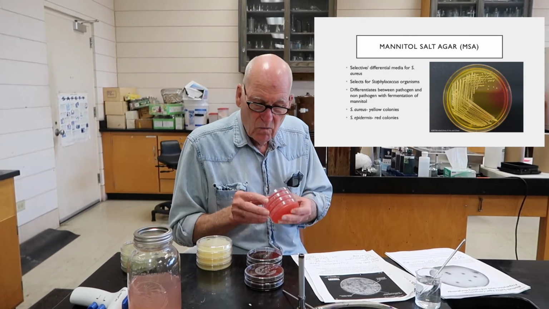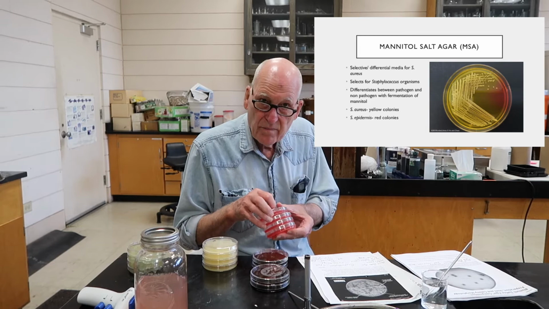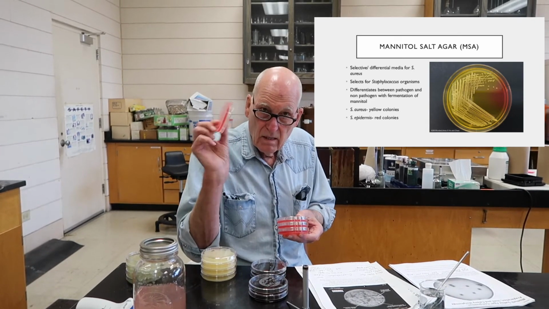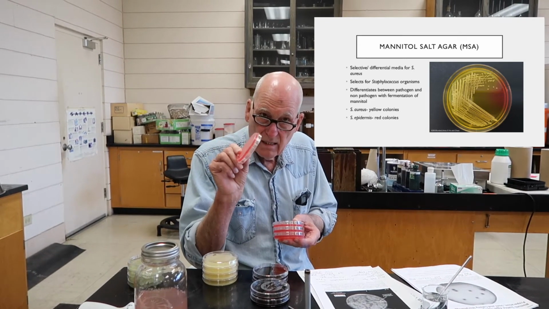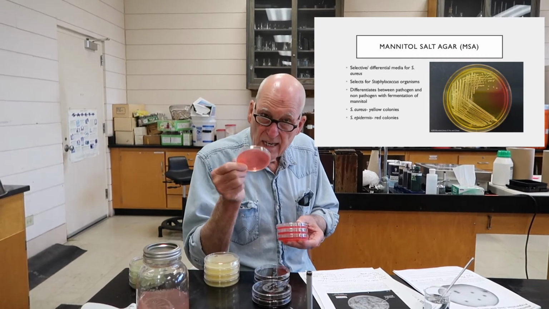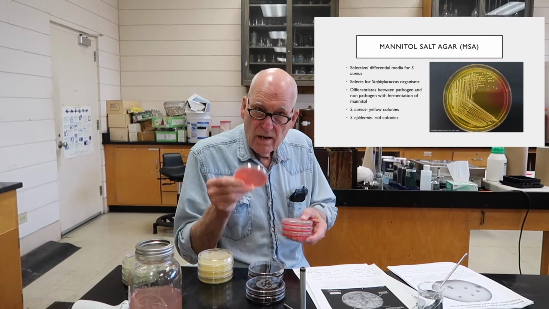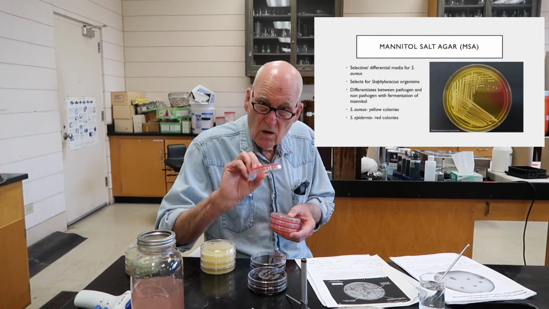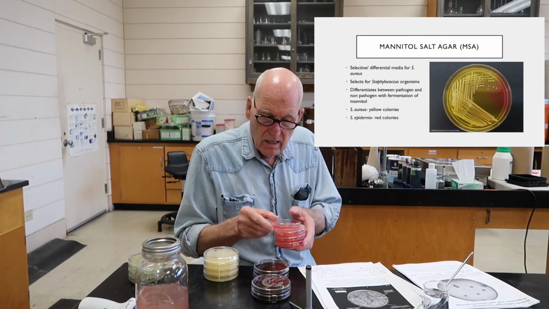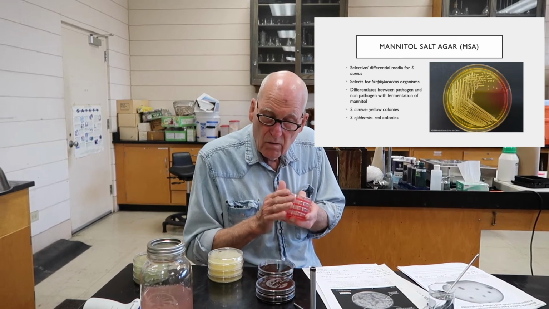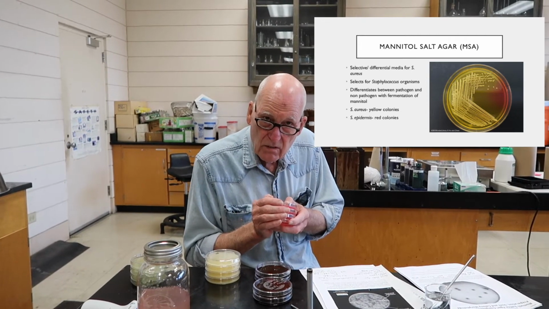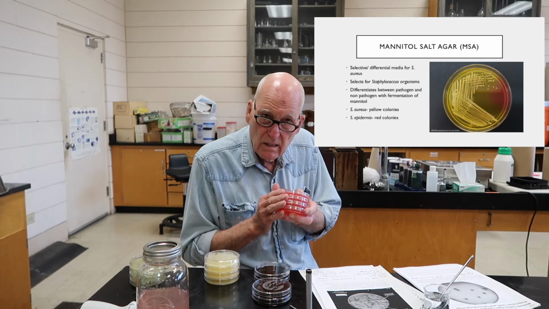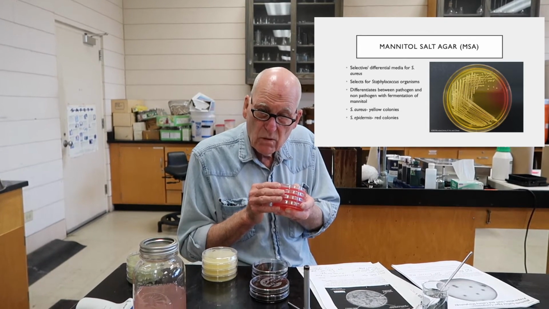So what this has in it now is mannitol and phenol red, and phenol red's a pH indicator. So if it ferments it, it's going to turn yellow. So we know that Staph aureus, I think 110 is the name of this media. What? Staph 110.